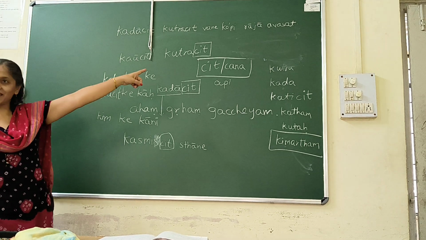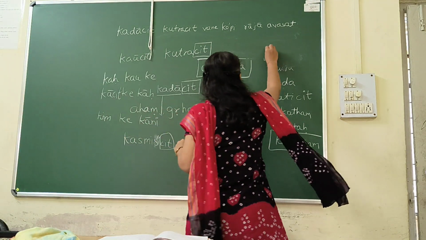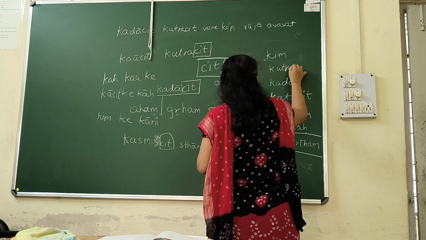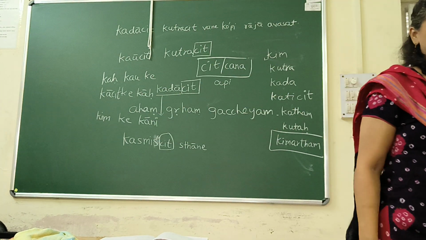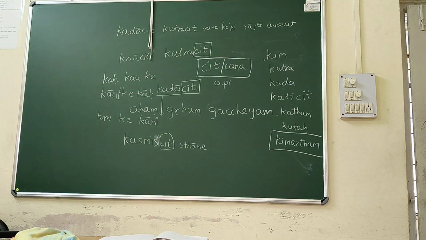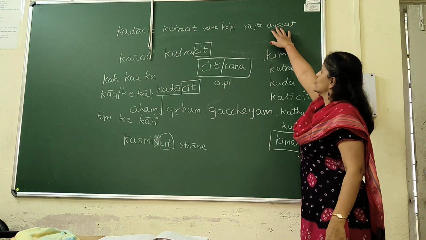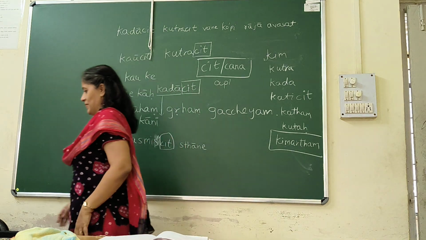Oh, sorry. I erased it before you could write. Let me write what I had written here. Kim, Putra. You finish writing this and then I will go ahead. Sorry, I forgot that you still have to write it. This sentence you don't write. You write everything else and then we will discuss that sentence.